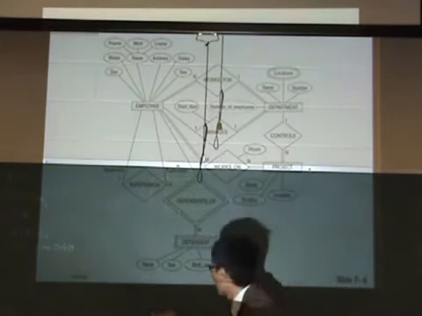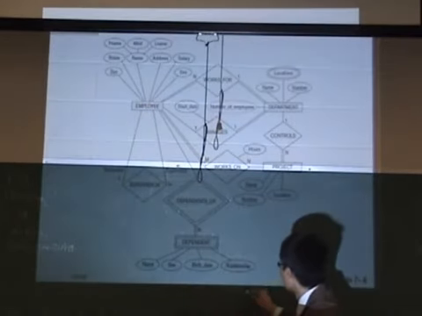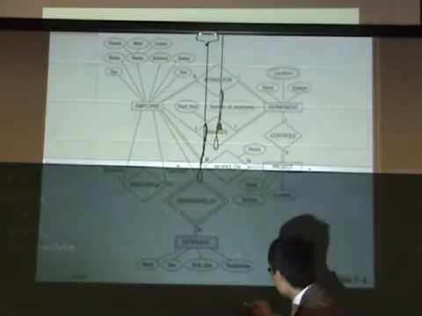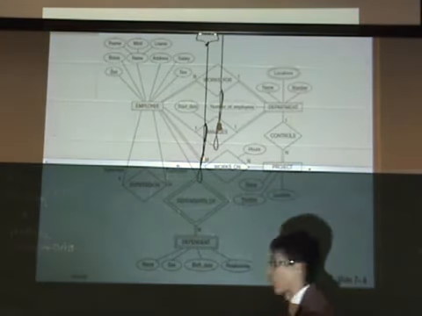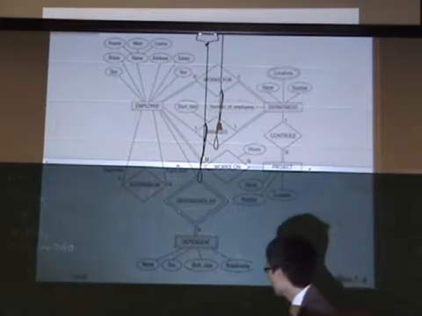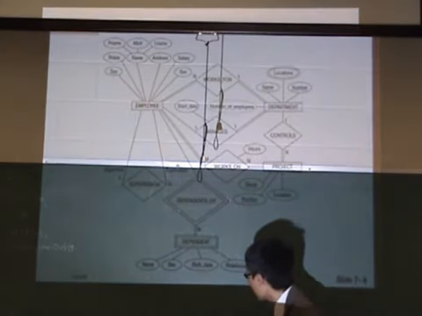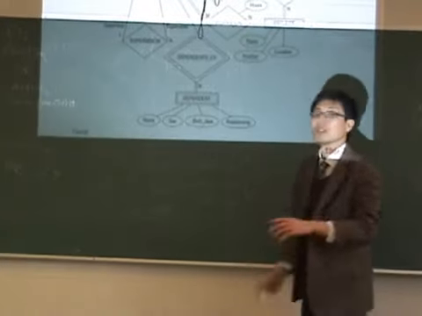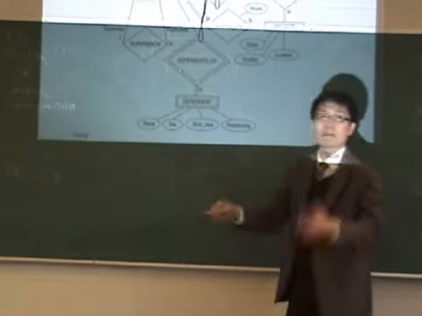In other words, we have Lee, James, Patel. This is employee. This is department: HR, payroll, administrative. One-to-one, right? So we have start dates January 1st, February 1st, March 1st. We don't have to create a separate relation.